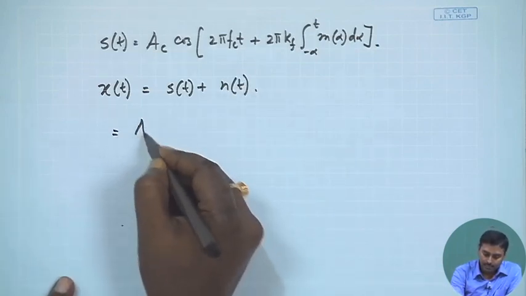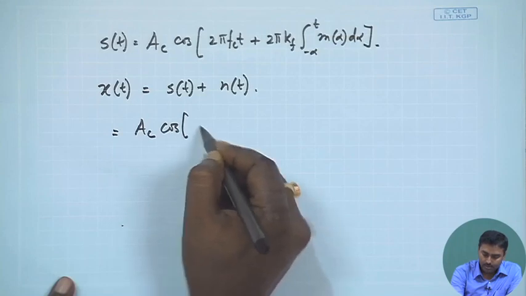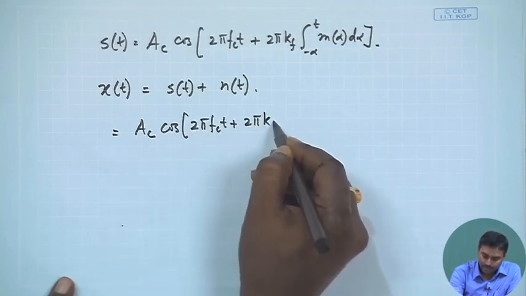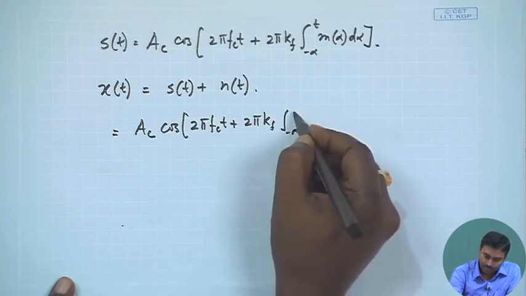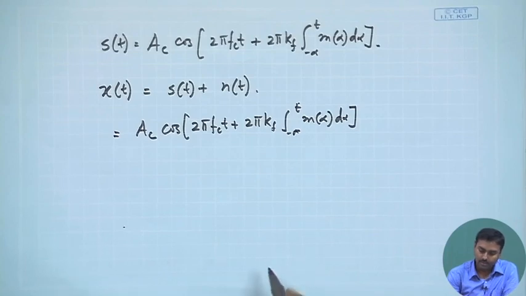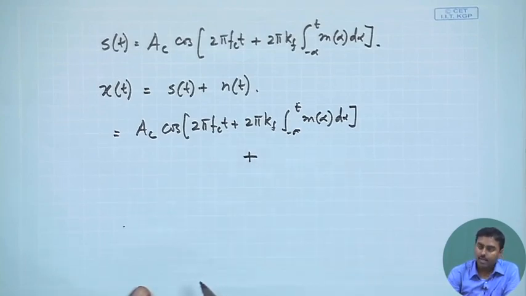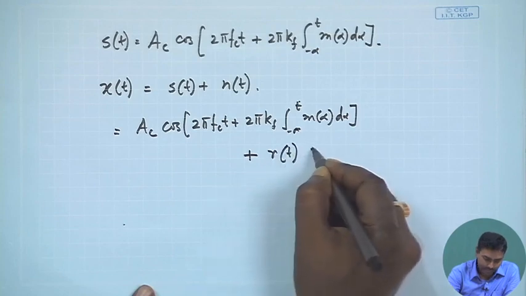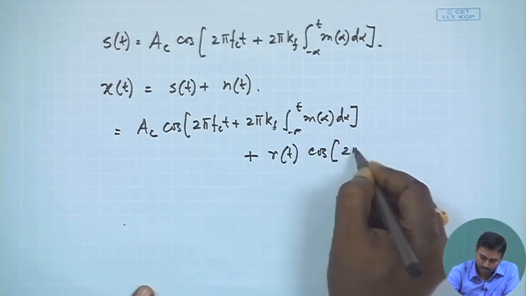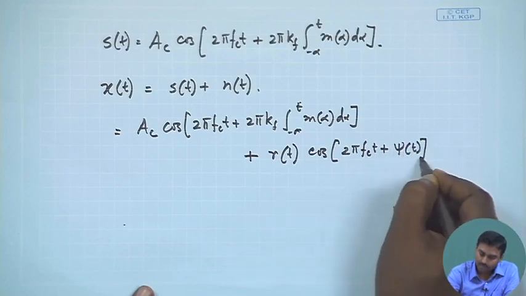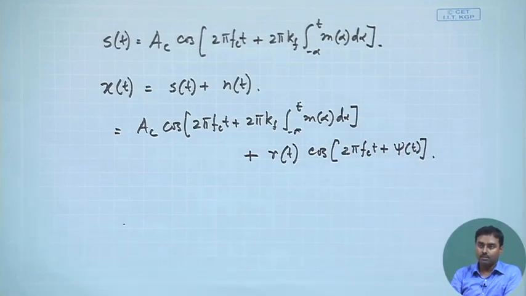And the noise has its equivalent representation, which I can write as R(t) cos(2 pi Fc t plus psi(t)). That is how we have represented the noise after the band pass filter.